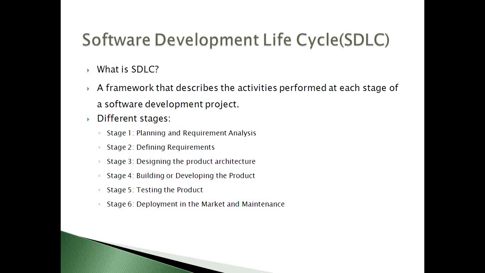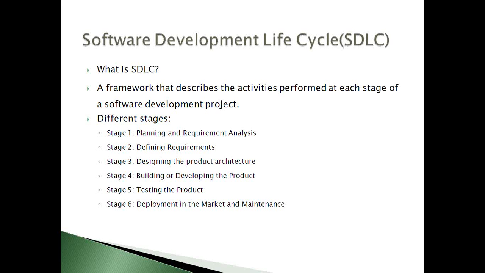As we discussed with the example of manufacturing the product called the water bottle, what are the different steps or stages involved in developing the product? Similarly, for this software project, we are going to have different stages in order to develop the software project.